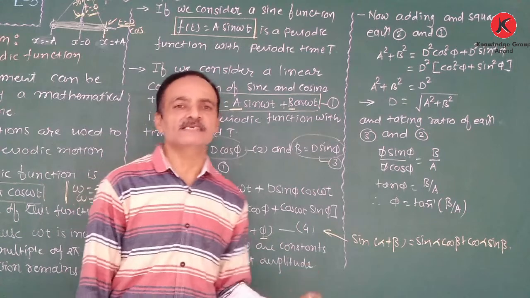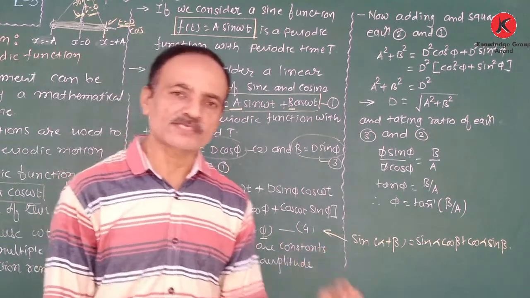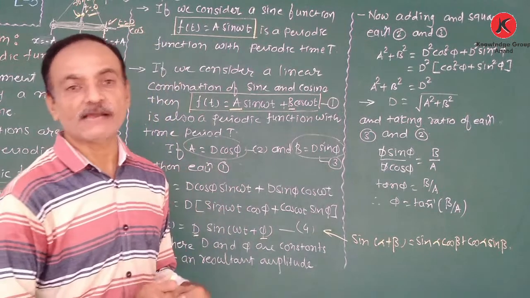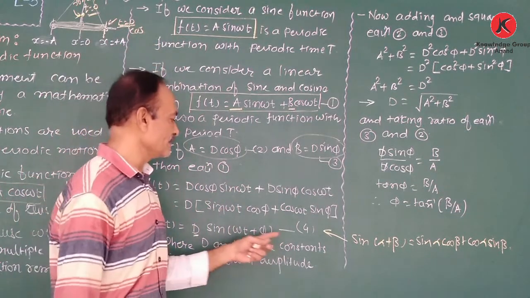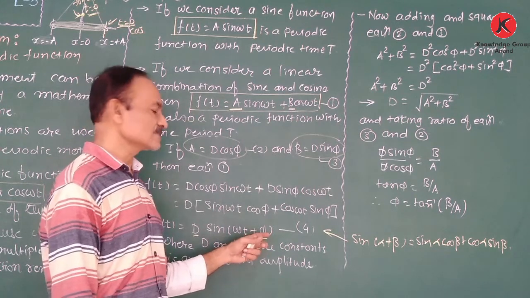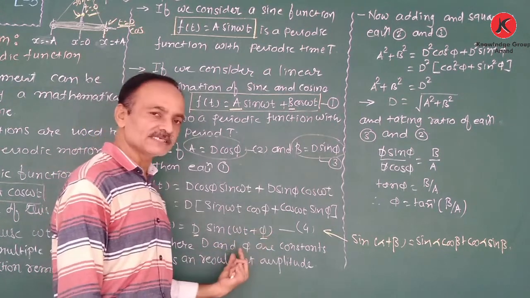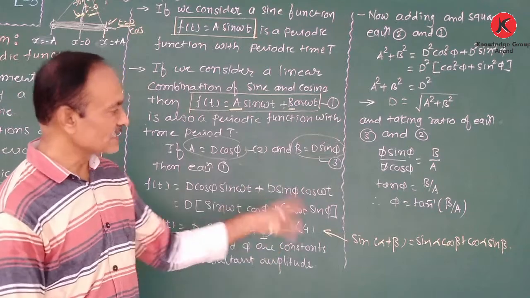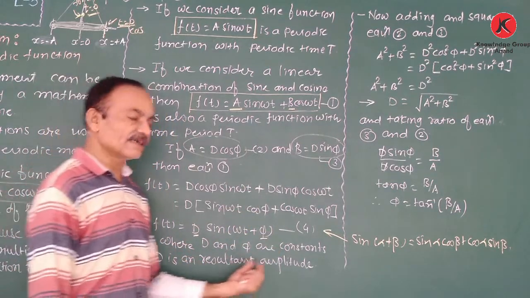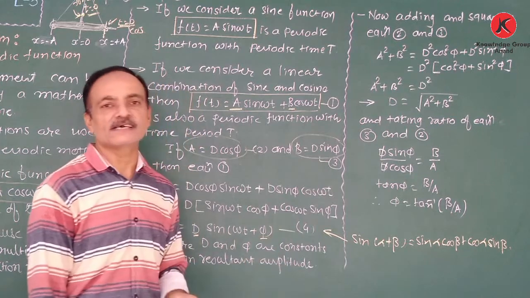Initial phase means when the simple harmonic oscillator starts its motion, what is its initial position at time t equal to 0? That is represented by phi. We will discuss more about the initial phase and also amplitude in the next question. So D is a resultant amplitude and phi is the initial phase.